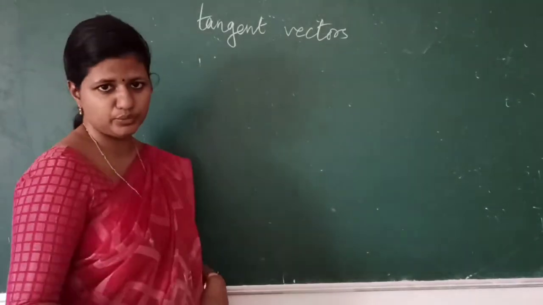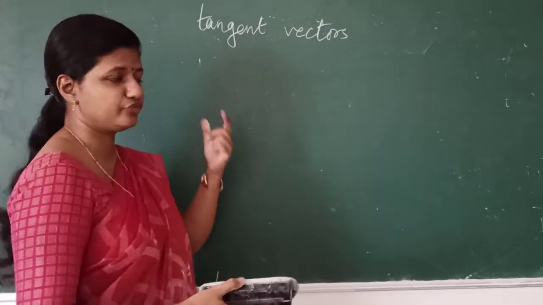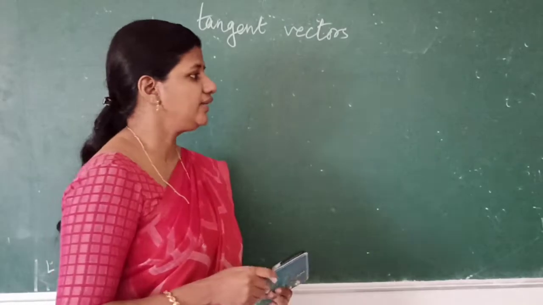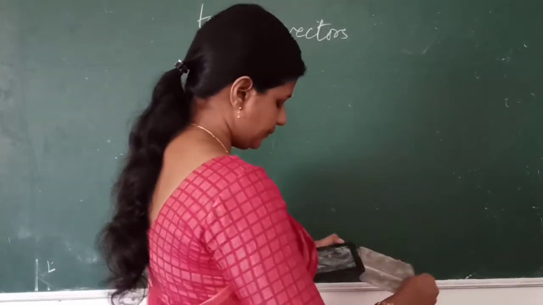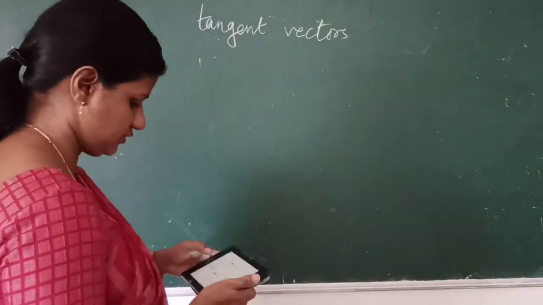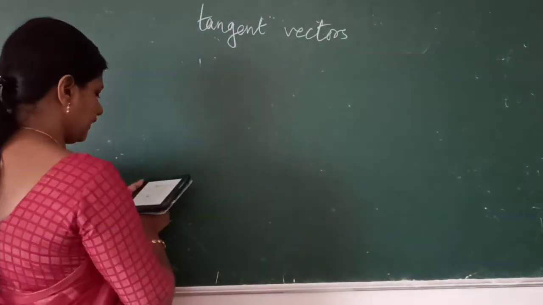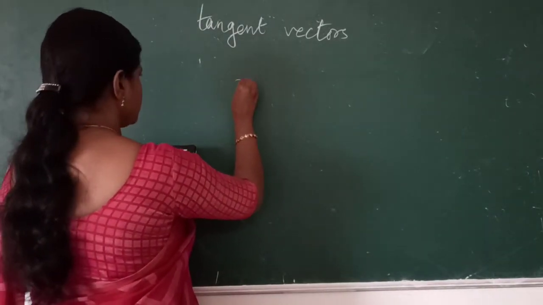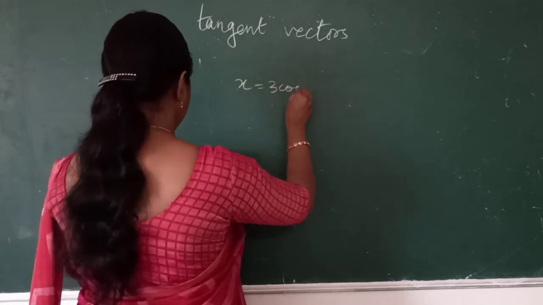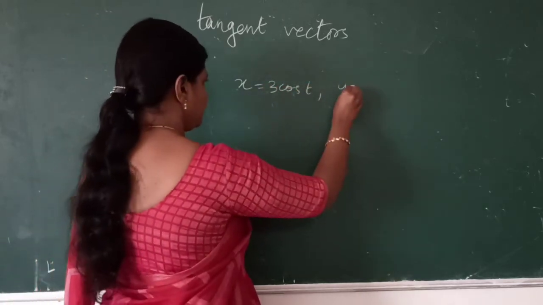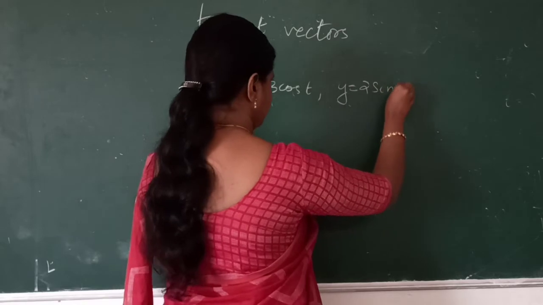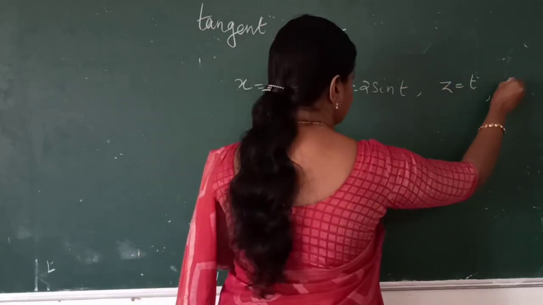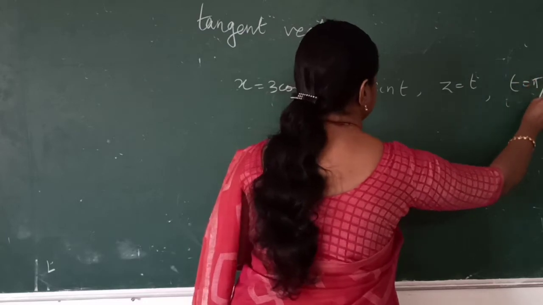So now we can do another type of problem on these tangent vectors. Our question is: find the parametric equation for the tangent line to the helix with parametric equation x is equal to 3 cos t, y is equal to 2 sin t, z is equal to t, where t is equal to pi by 6.